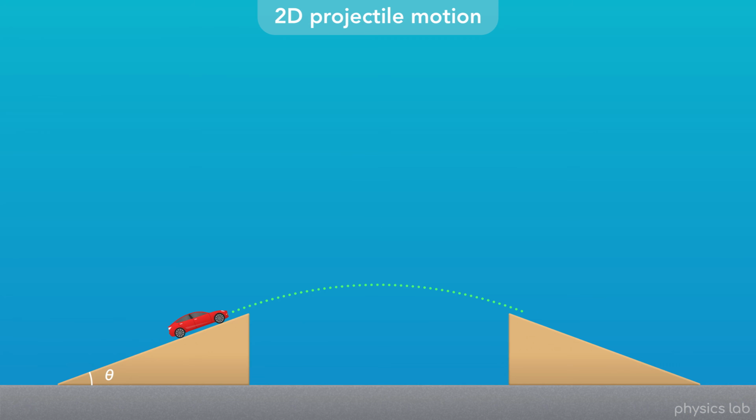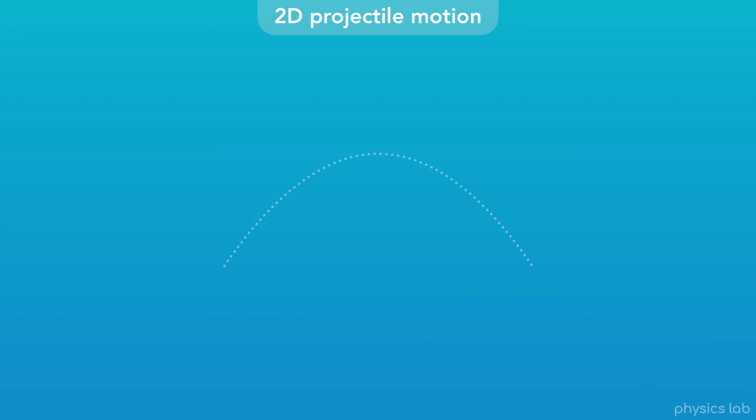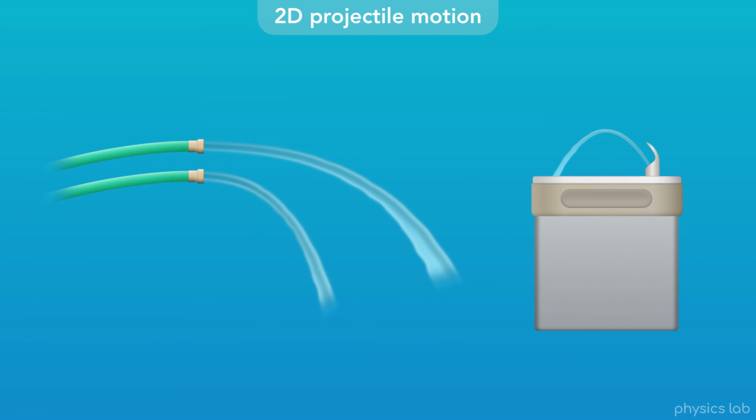Changing the initial angle just a few degrees changes the entire trajectory. Even if something moves really fast, gravity still causes it to fall down, so its path is never a straight line. We usually focus on the path of one object, but 2D projectile motion can help us understand other things, like the shape and range of a stream of water.